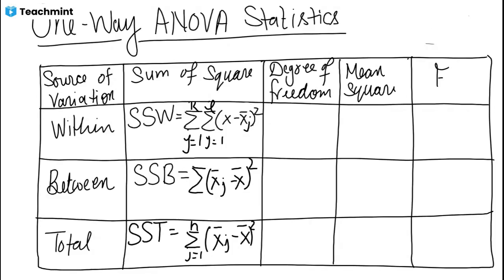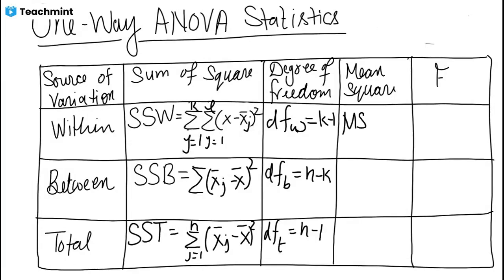And degree of freedom for within, this is n minus k. Degree of freedom for between, this is k minus 1. We have done that already that day also. And degree of freedom total. Then mean square for within: either you can take within as a suffix, or you can write MSW also.